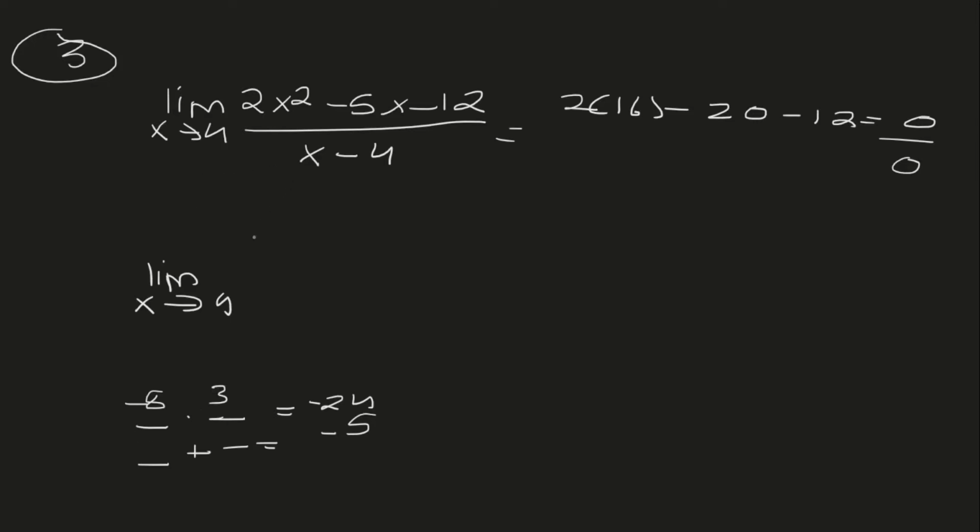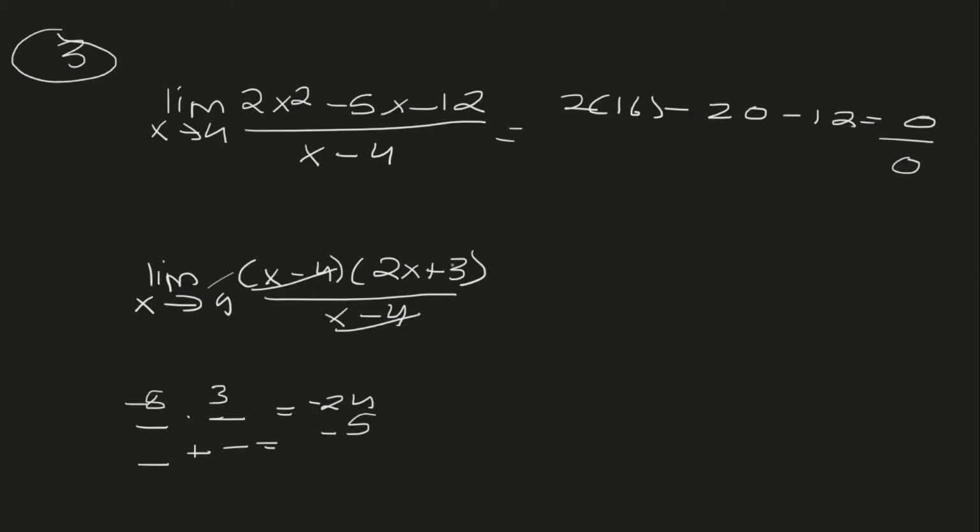Yeah, that would work. So we would get 2x minus 8, throw the 2 out as a factor, x minus 4 times 2x plus 3 all over x minus 4. Would you look at that?